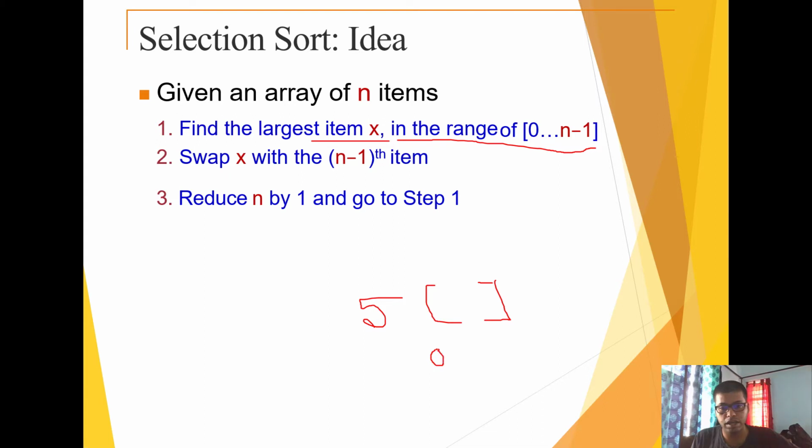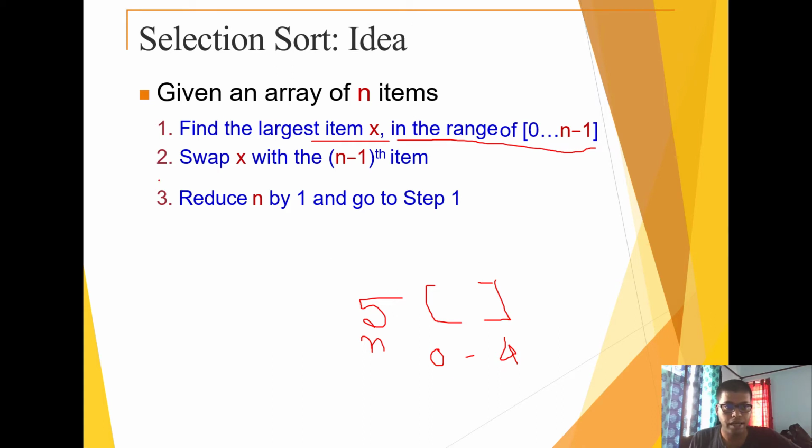The array starts from 0 and goes to 4. Here n is 5, so the range is 0 to n minus 1, that is 0 to 4. Within this 0 to 4 range we find the largest value. That is the first step.